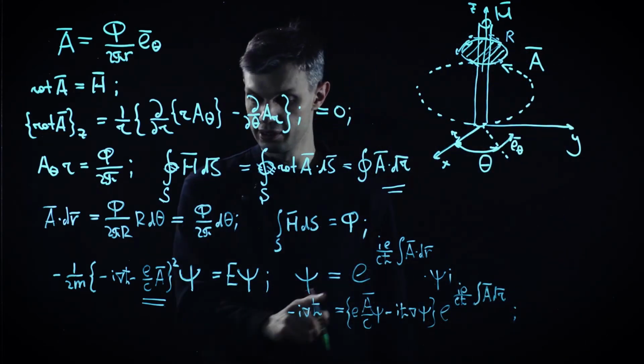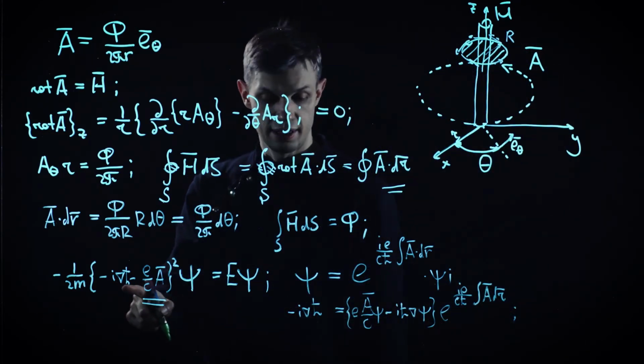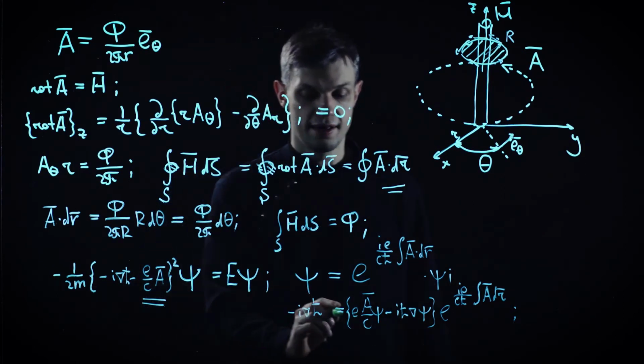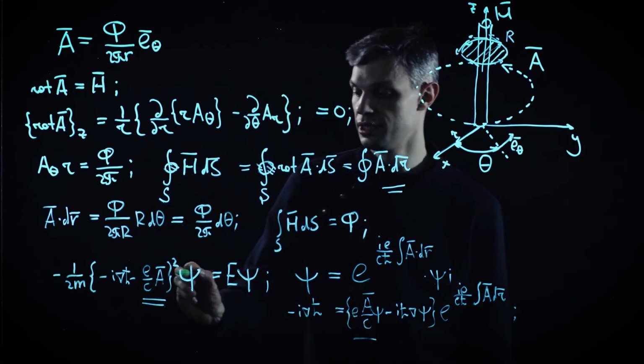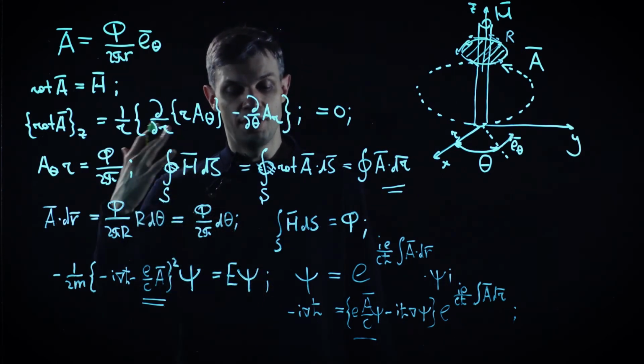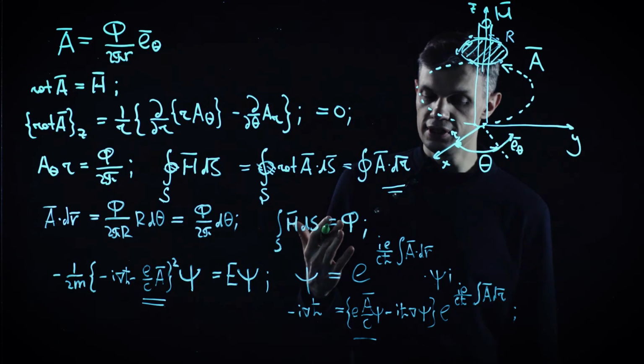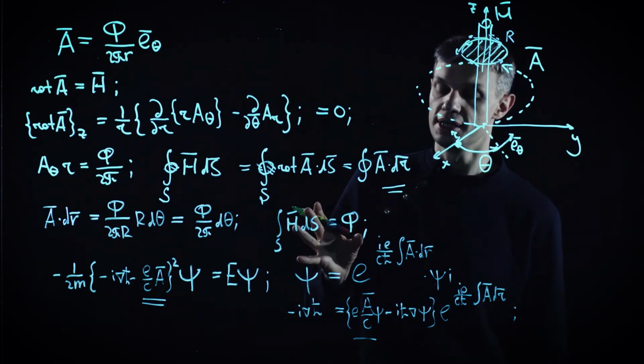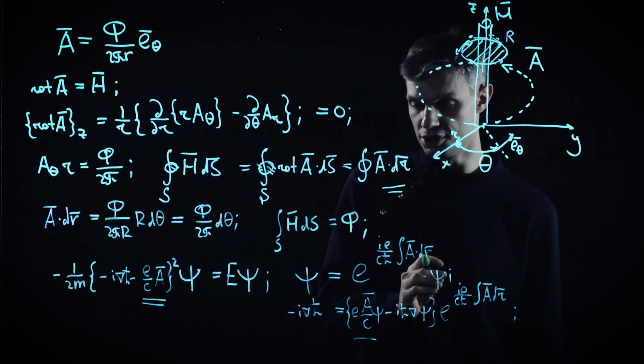And once you plug in this gradient into the original Schrödinger equation, you see that the term proportional to the vector potential disappears completely.